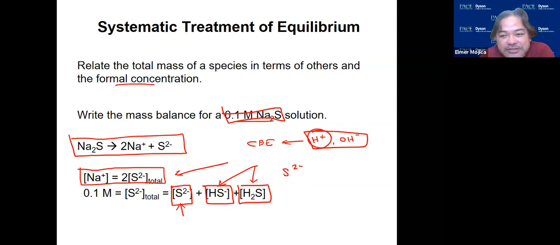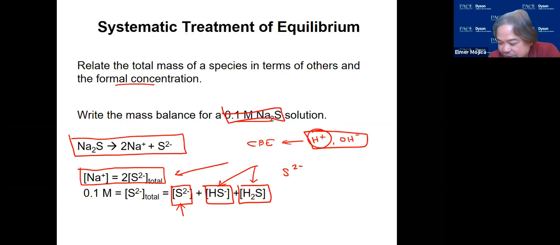So what does it mean? Your sulfide is not just all sulfide. It reacted with the hydrogen. So they contribute also in terms of the sulfide. They're just in the form of the hydrogen sulfide, the HS minus or the H2S. That's what it means in this mass balance equation.